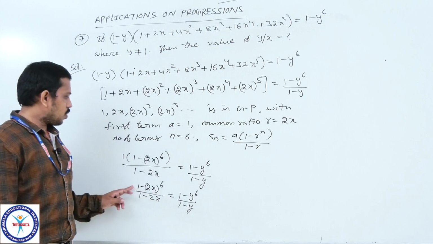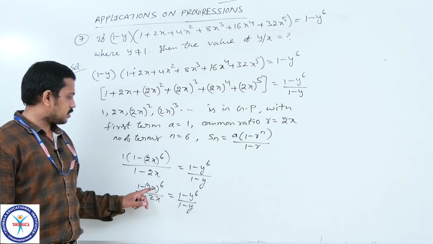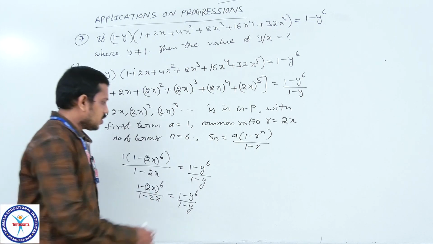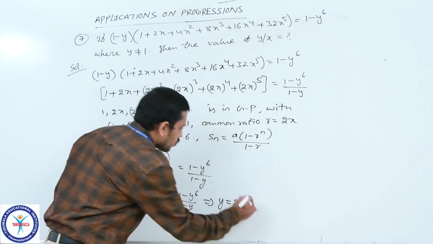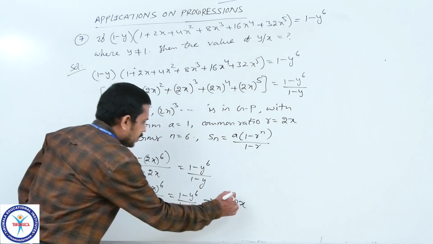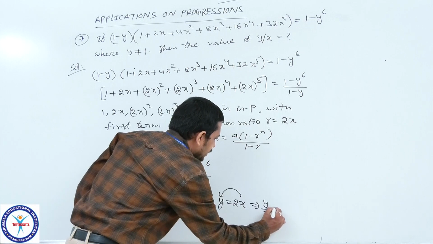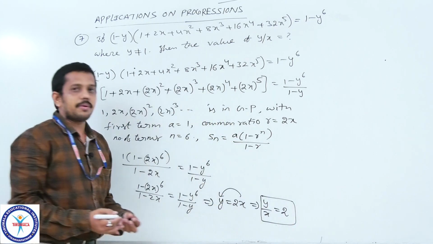Both sides are in the same pattern, the form of (1 − y⁶) by (1 − y). So by comparing both sides, we have y is equal to 2x. Now we require y by x. Taking x to the left side, y by x is equal to 2.